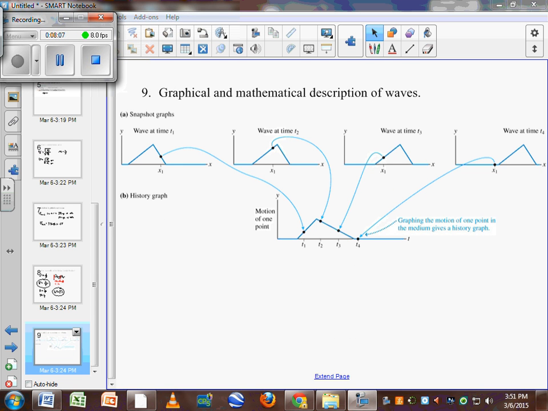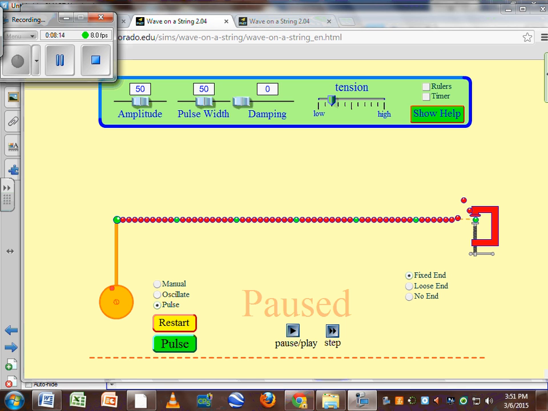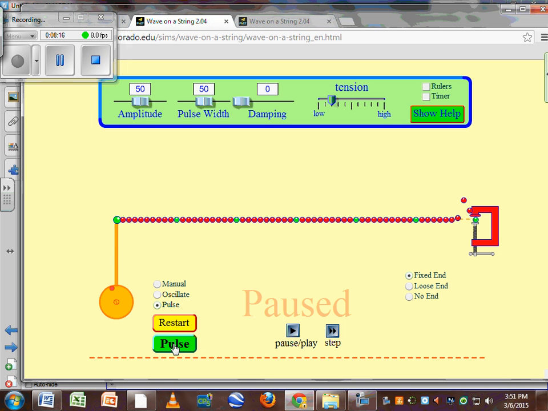So here we're going to look at a wave traveling down a string, just like what we saw earlier. So I'm going to send a pulse down this wave. We're going to make it a higher tension. And so we're going to restart this. And here we're sending a pulse down. I'm going to pause it. So as you saw, that pulse was traveling from left to right.